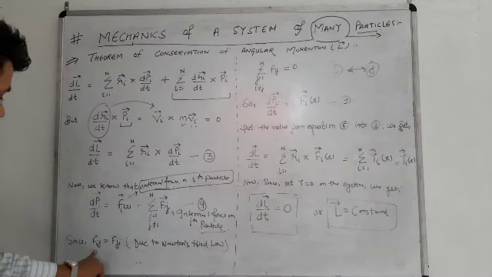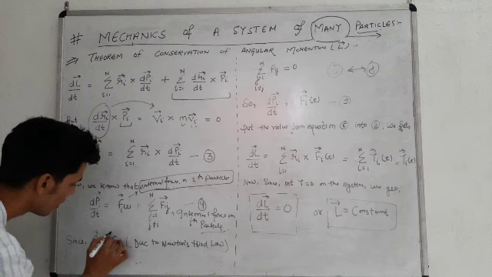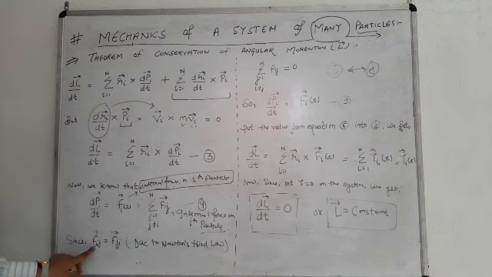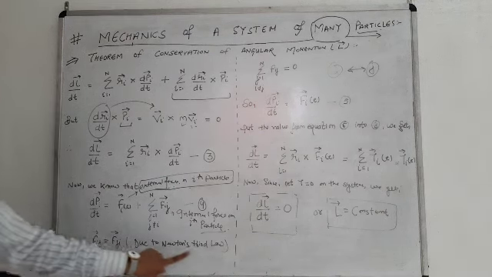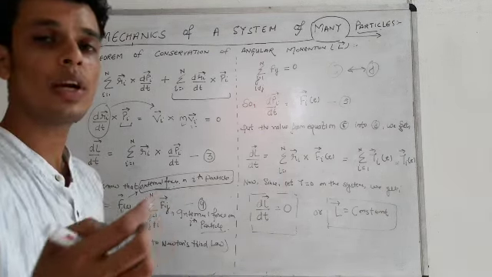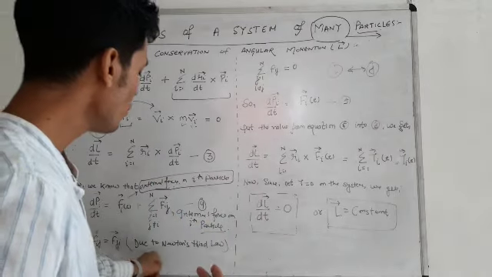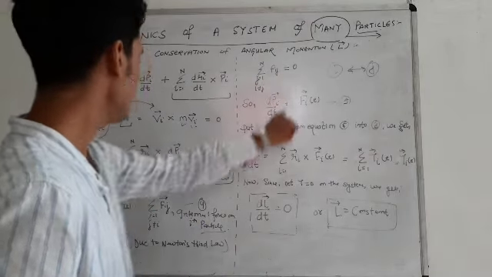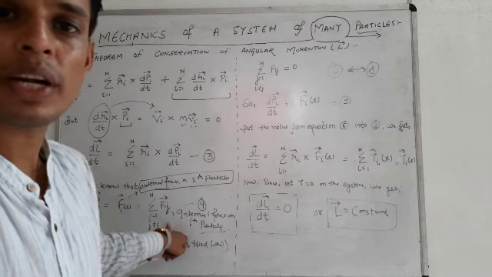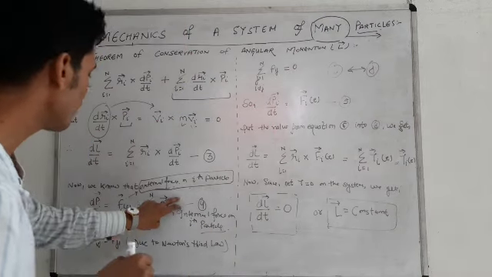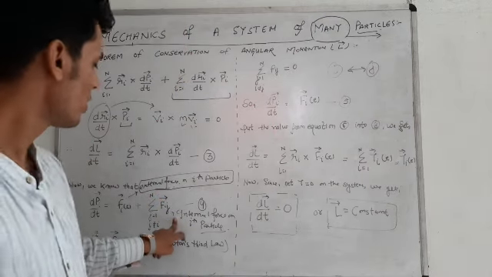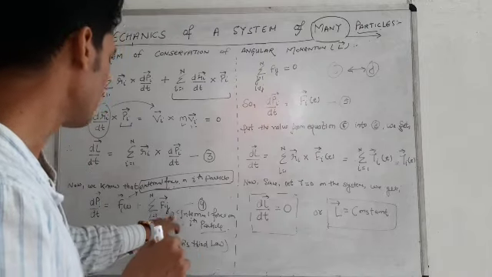Since these are vector forces, they will cancel each other when we do the vector addition of these forces due to Newton's third law. So this extra internal force on the ith particle will be 0 due to Newton's third law. So this term will become 0.